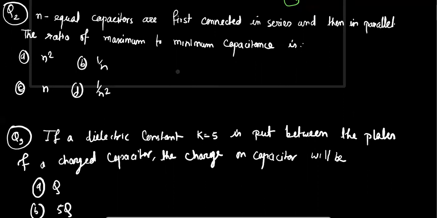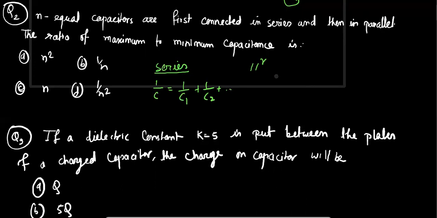One thing we have to know is that in the series combination, the equivalent capacitance is given by the sum of reciprocals: 1 by C equals 1 by C1 plus 1 by C2 and so on.